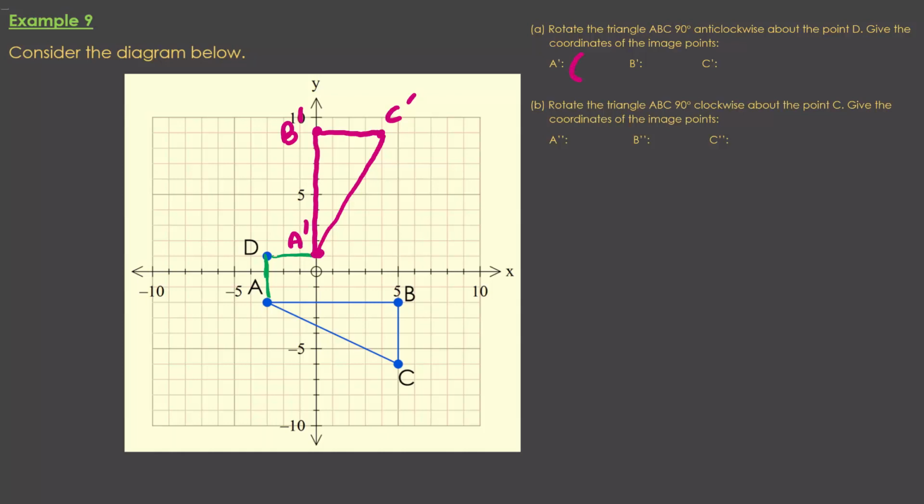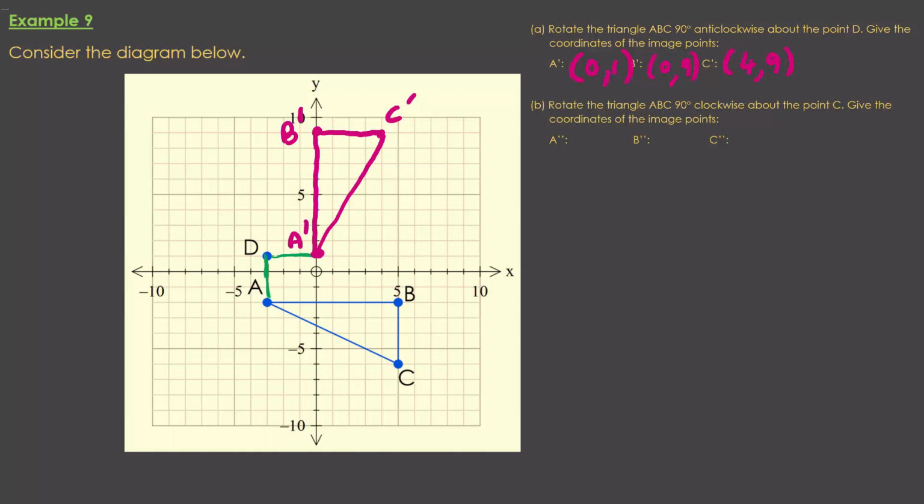So A dashed is at 0, 1. B dashed is at 0, 9. And C dashed is at 4, 9.